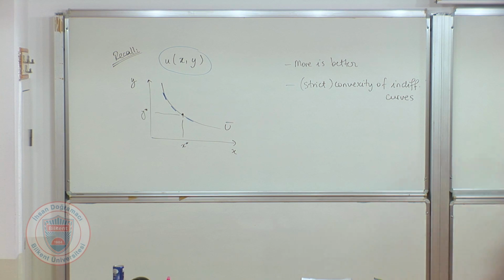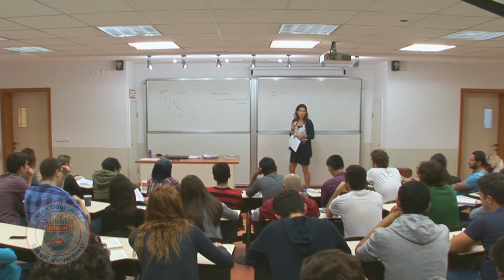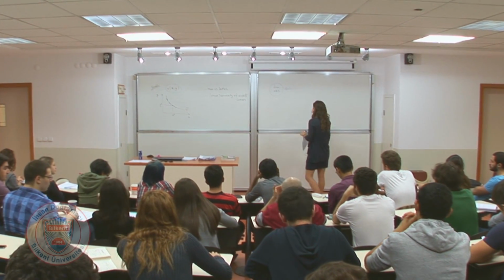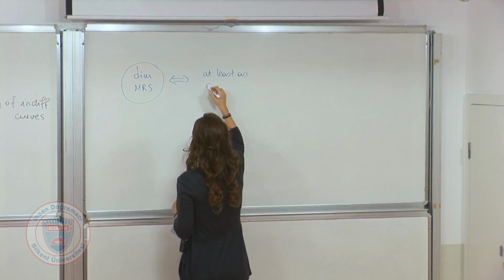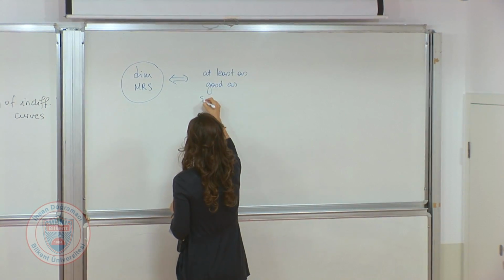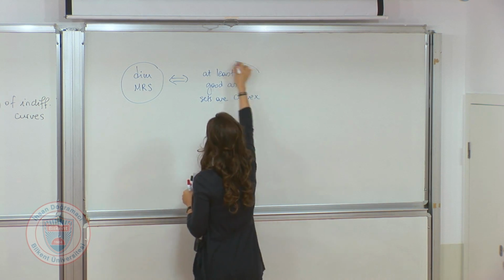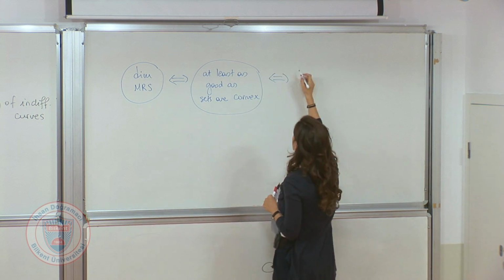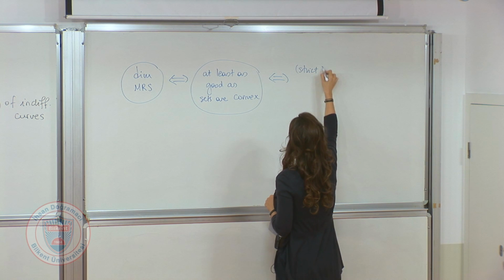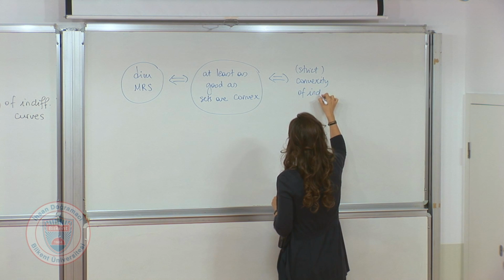Diminishing marginal rate of substitution is equivalent to the at-least-as-good-as sets being convex. And then we said strict convexity of indifference curves.